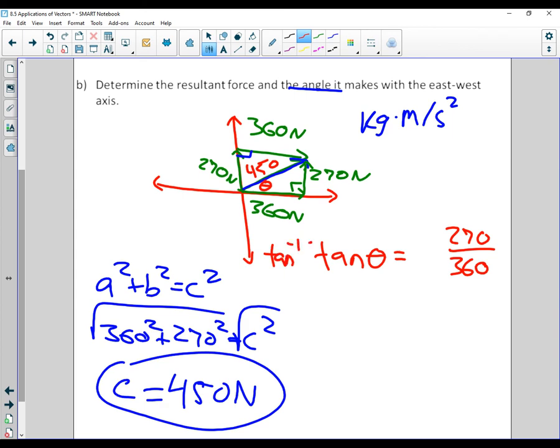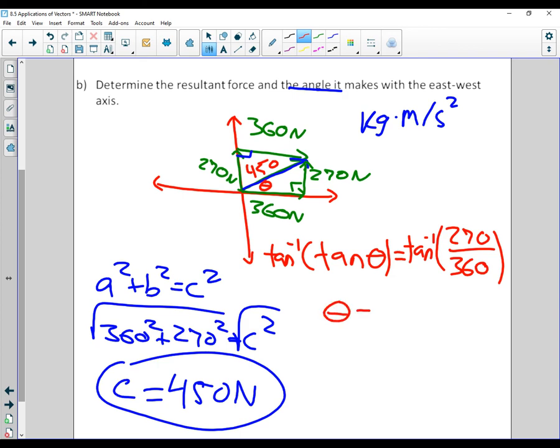Tan inverse, which is why I left this space. Remember back in chapter 5, if you're looking for an angle, you better be taking the inverse.